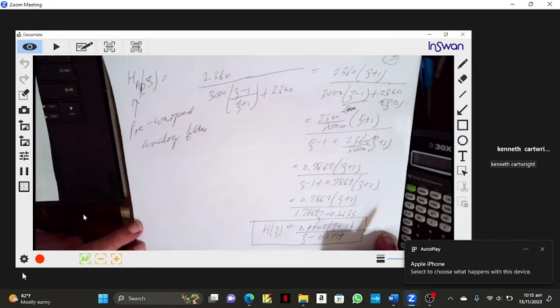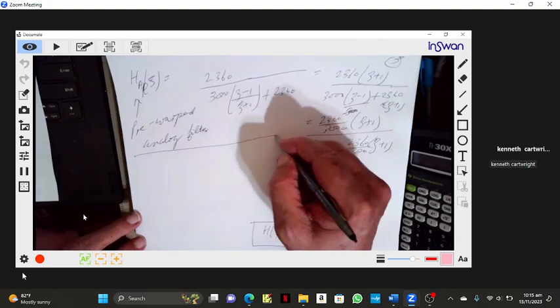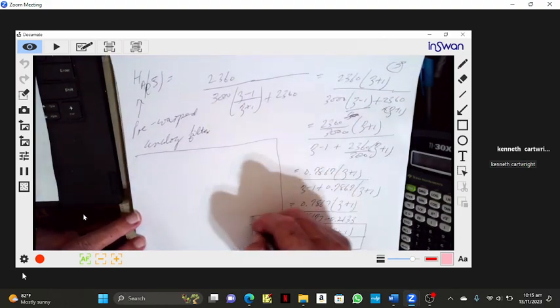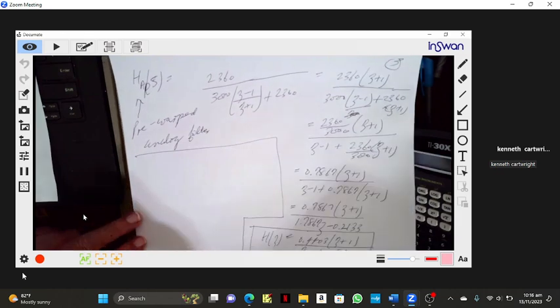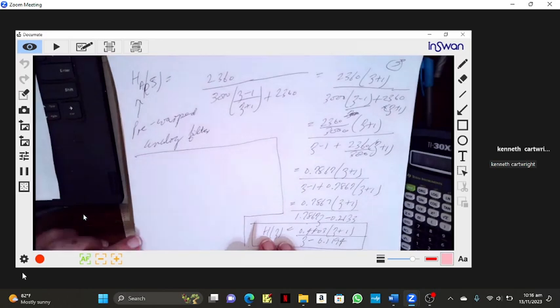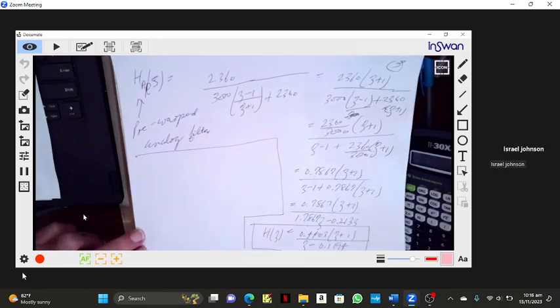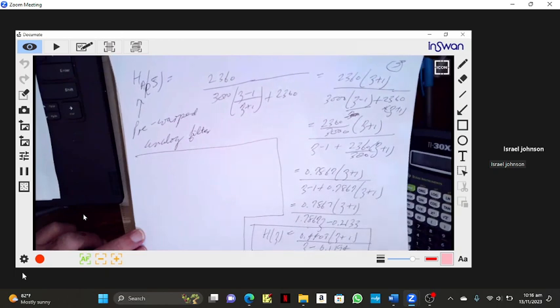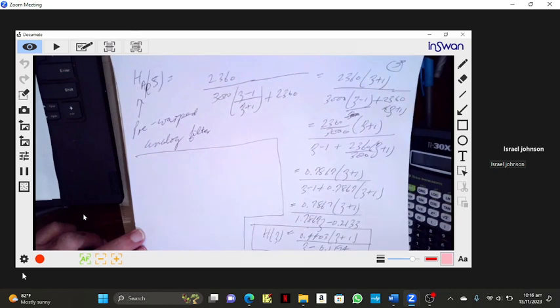So now we need to get the frequency response of that. How do we get the frequency response of that? Wherever you see z, replace that with e to the power of j omega.